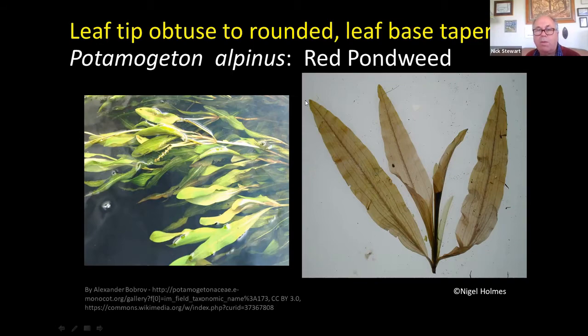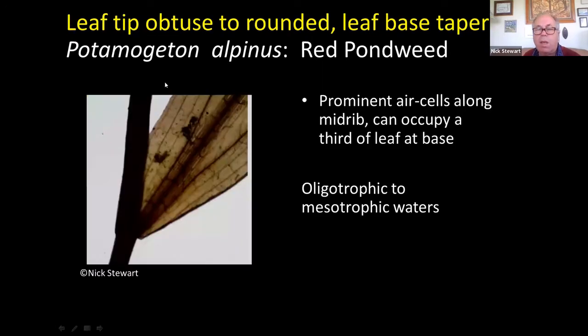That combination of rounded tips and tapered bases takes you straight to alpinus. Another useful character that can confirm alpinus is that it has very strong air channels on either side of the midrib, particularly when you look at the base of the leaf.